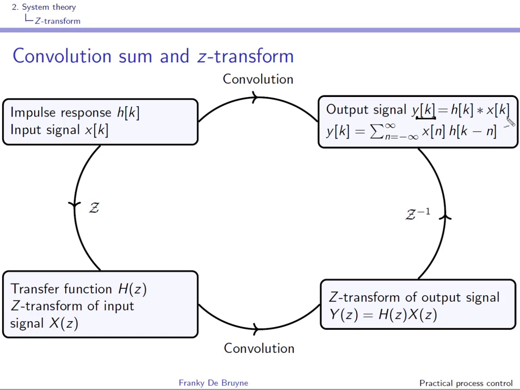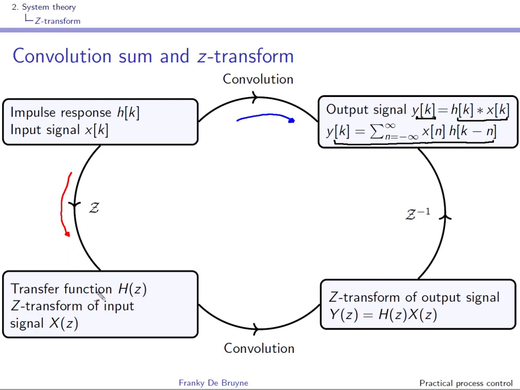Again, it is the convolution of the impulse response and the input signal. But here this convolution is a convolution sum that is defined as follows. So we have a first method to compute the output signal. What you could do is go to this other domain, and this other domain is now the Z domain.